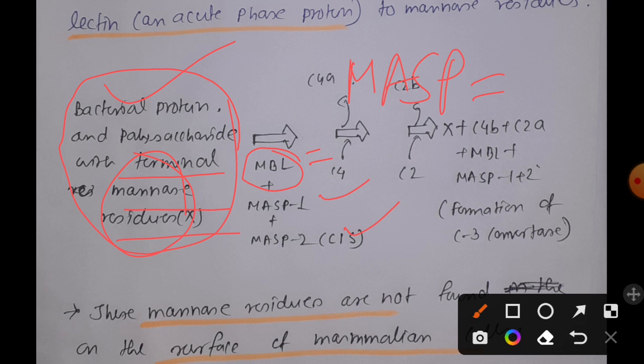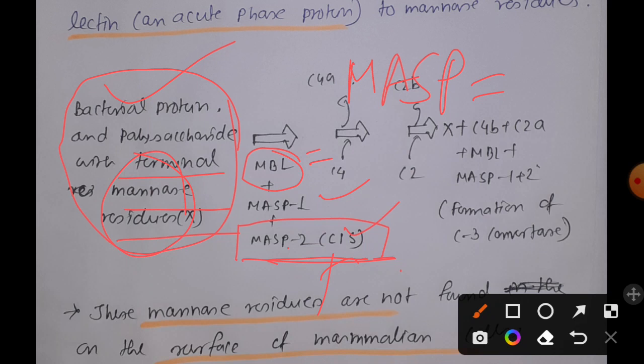Okay, so we have also talked about serine protease in the case of our classical pathway, if you can remember, right? C1R and C1S were our serine proteases. So here those serine proteases are MASP1 and MASP2. Okay, clear? Here MASP2 structurally resembles C1S.